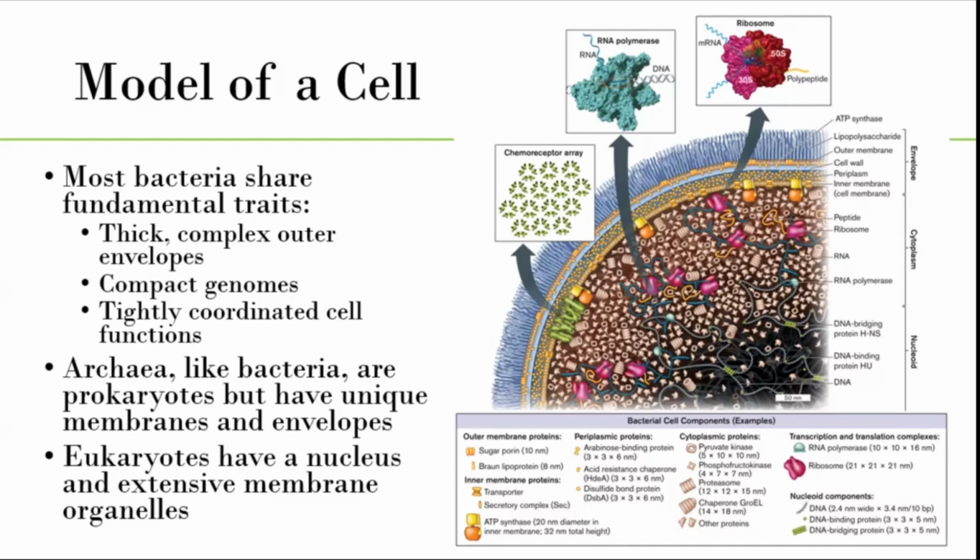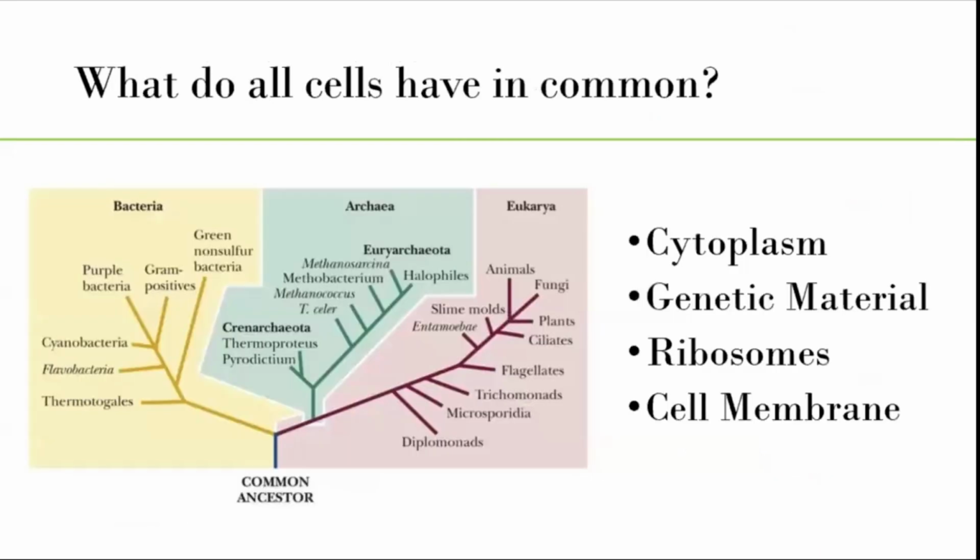No, these things are packed full of chemicals at any moment. They're very busy. They're very complex. They're highly, highly organized structures. So this is a more realistic image of what the inside of a cell is going to look like. Any questions?